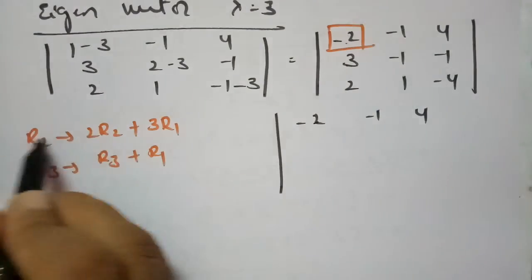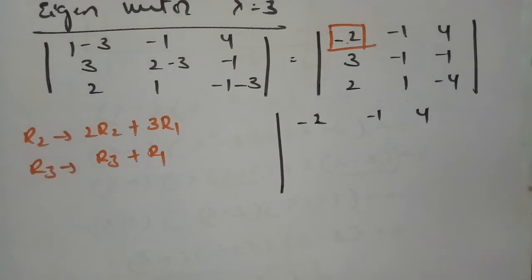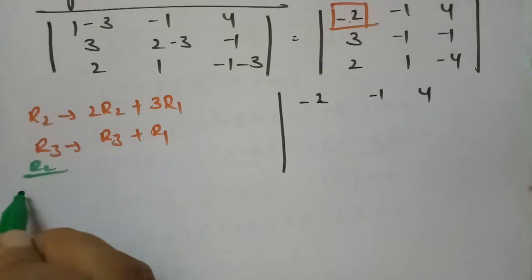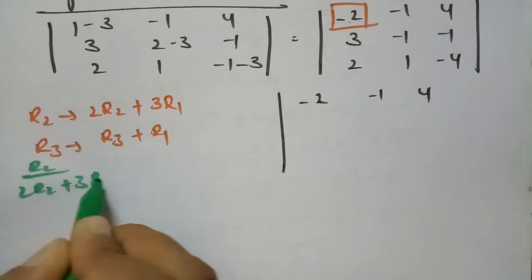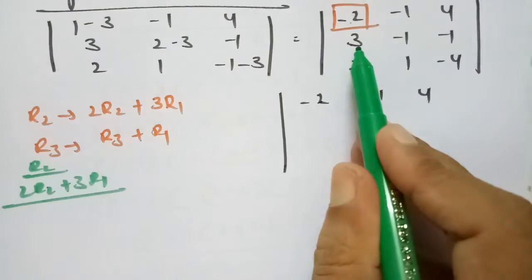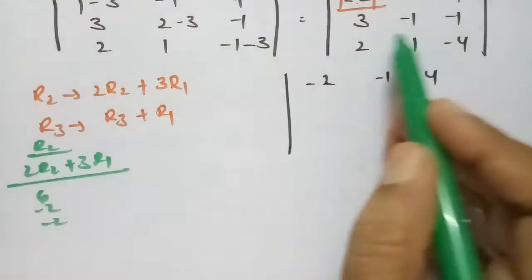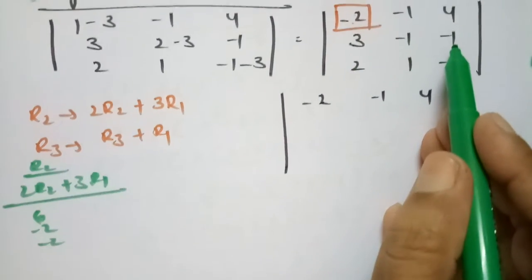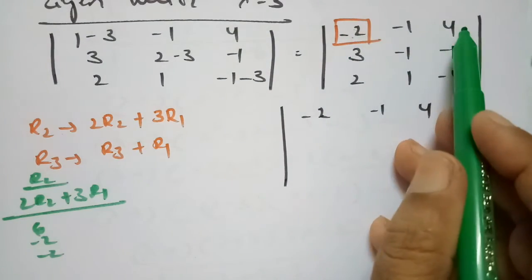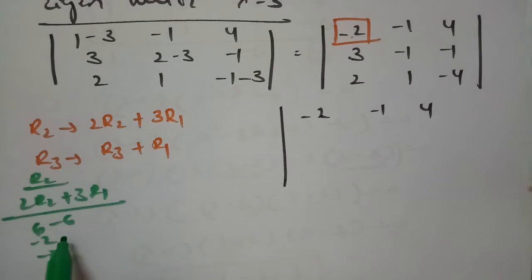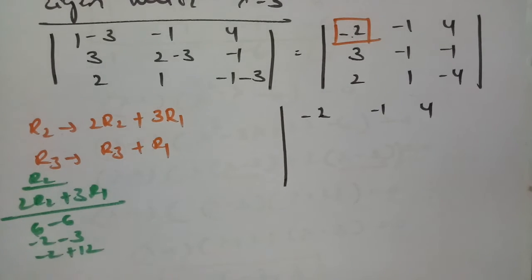Coming to R2, the row operation for R2 is 2 R2 plus 3 R1. So row 2 we have to multiply with 2. This will be 6, minus 2, minus 2. And I have to multiply with the 3 here. So this will be -6, minus 3 and plus 12.